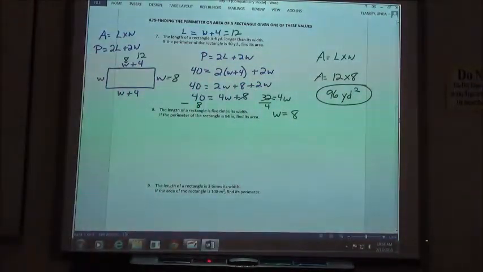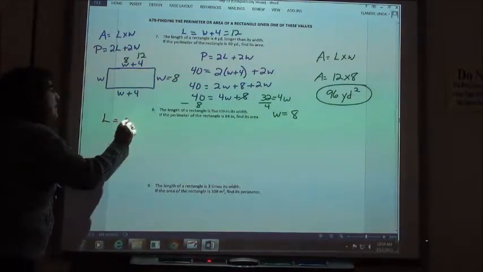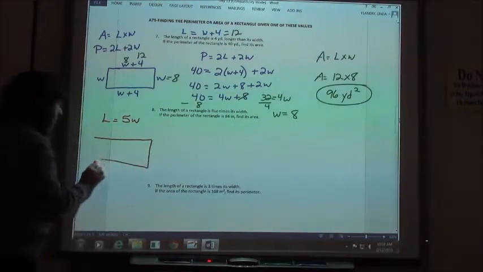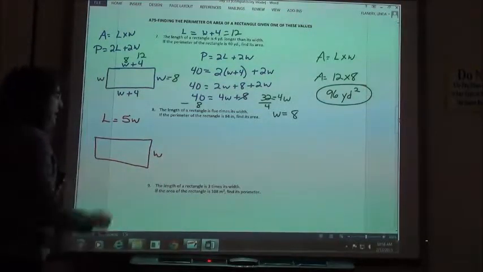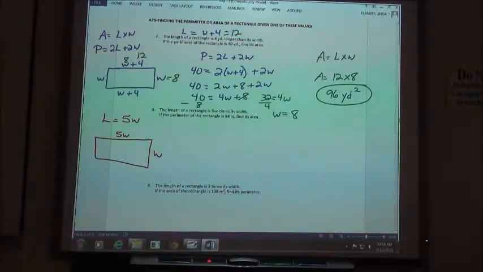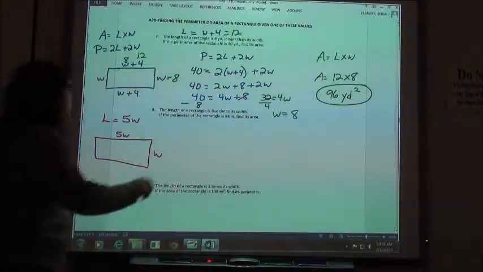Number 8, same kind of thing. Starts out with the length of the rectangle is 5 times the width. The length is 5 times the width, so 5W. So if I have my rectangle, the width is just the plain W, the length is 5W. Again, it talks about the perimeter being 84.